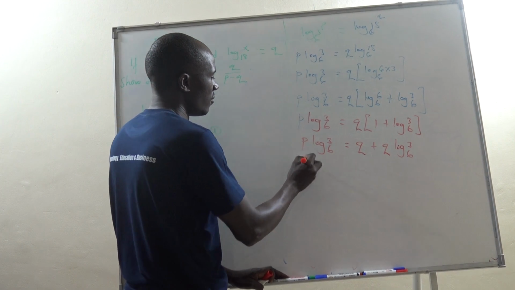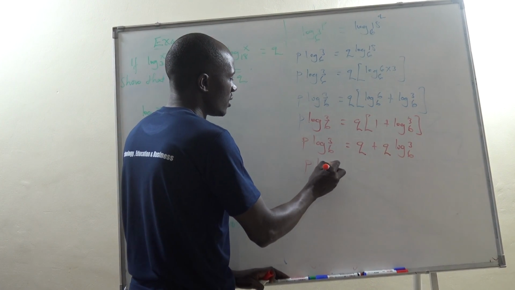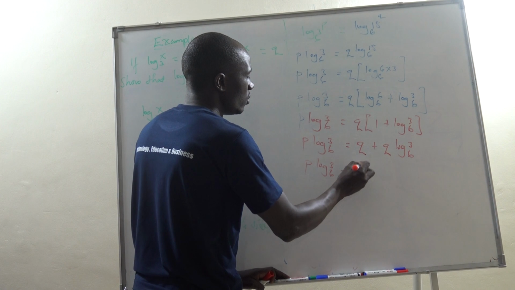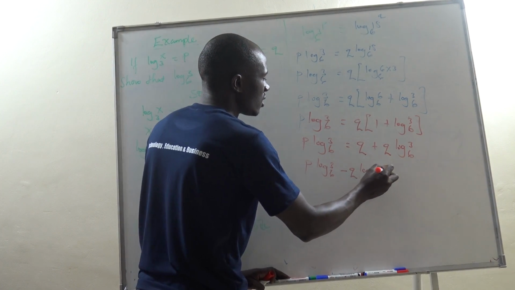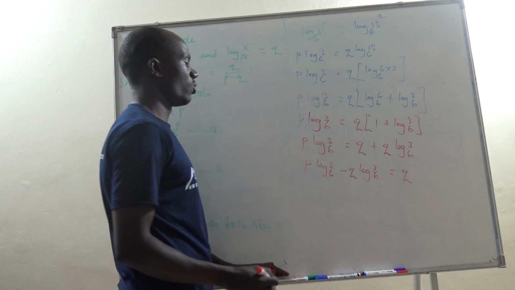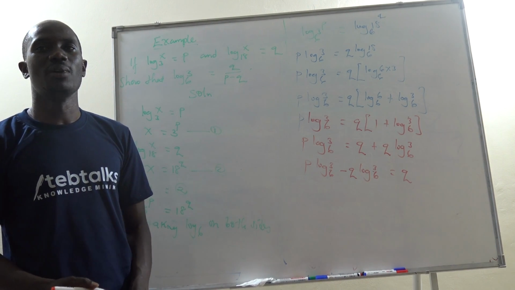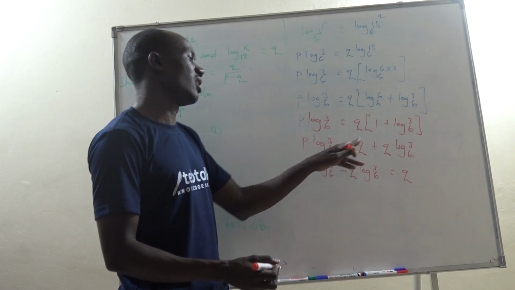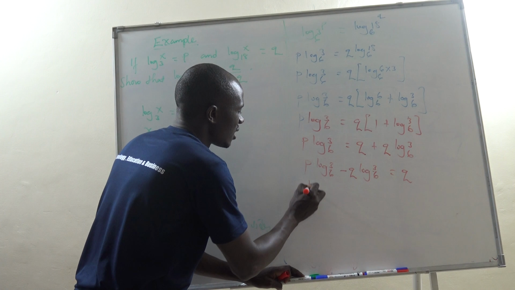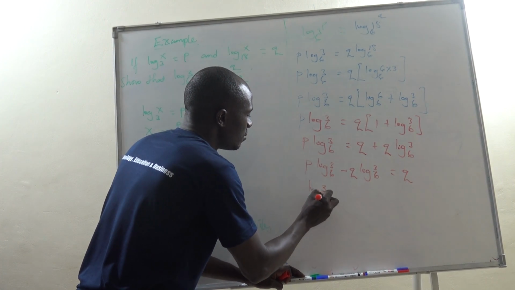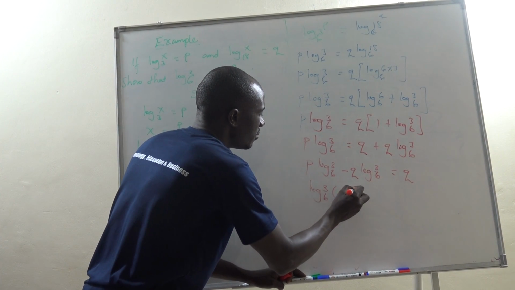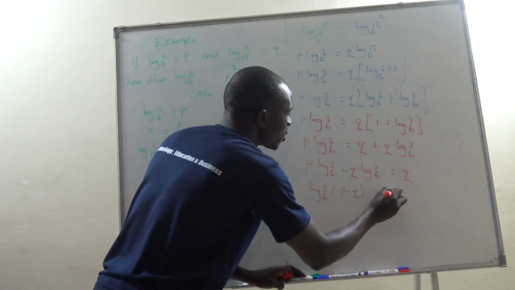So what do we have? p log of 3 base 6 minus q log of 3 base 6 equals q. What is common is log of 3 to base 6, so we factor it out: log of 3 base 6 into p minus q equals q.